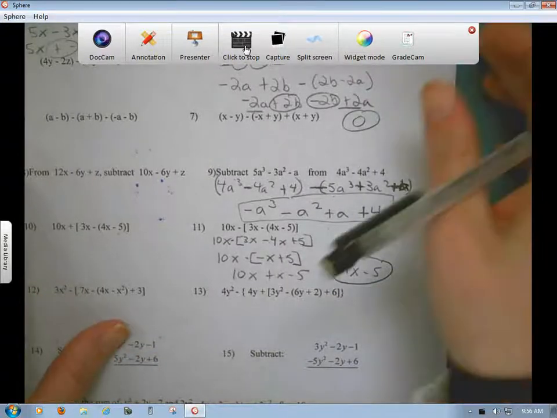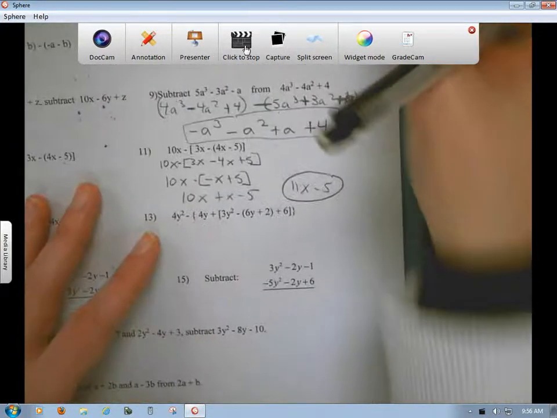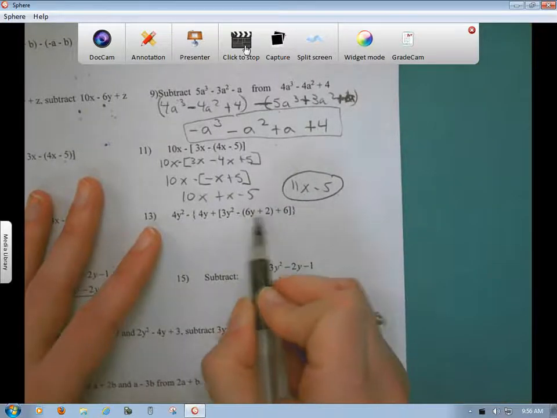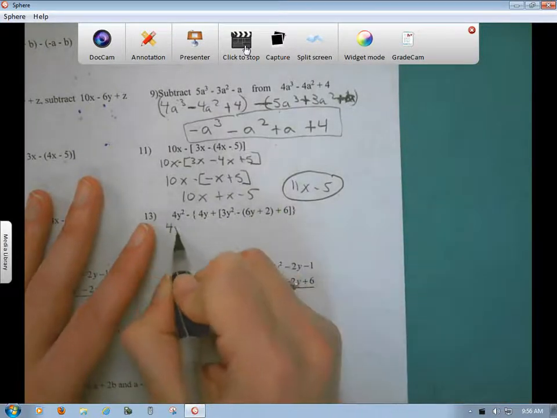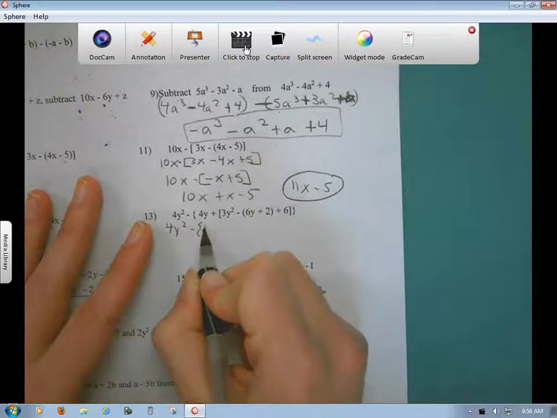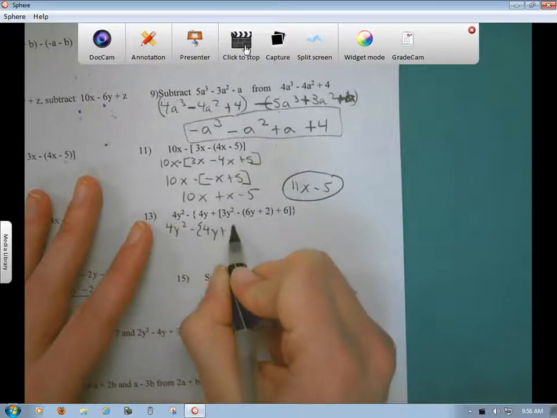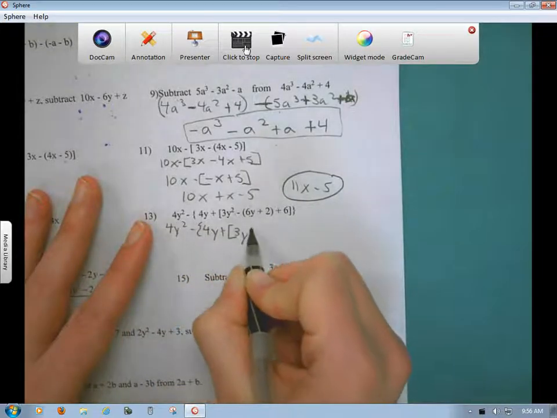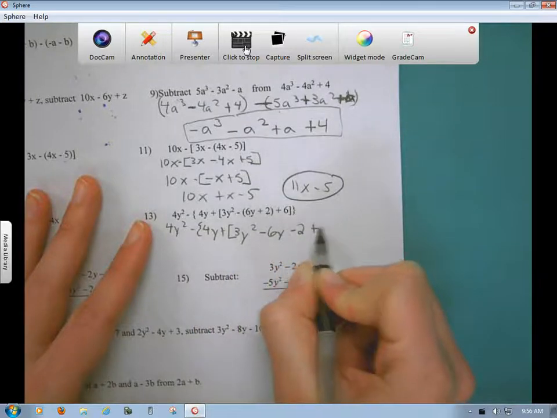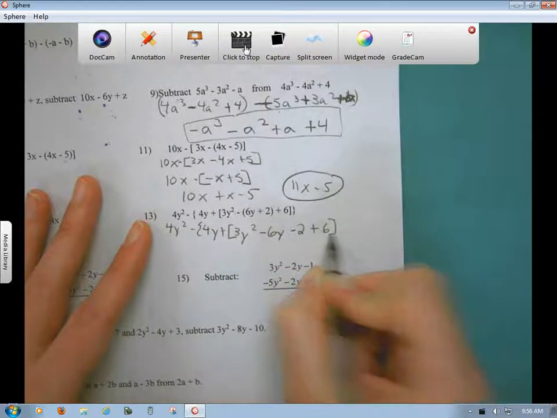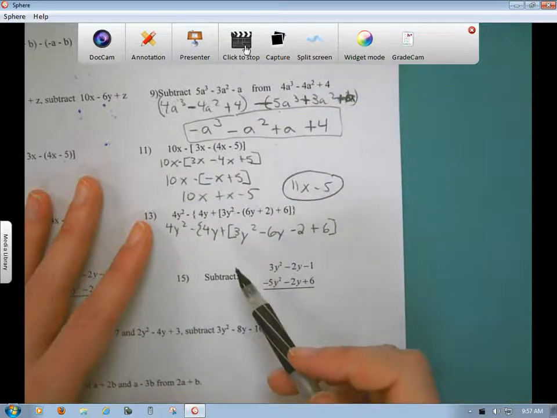Okay, so let's try 13. Again, innermost parentheses. I can't combine them. So now I'm going to distribute that. I'm going to work on the brackets. So negative 6y minus 2 plus 6. Once I distribute, I can take it out of the parentheses.